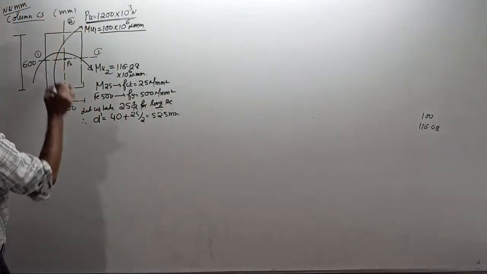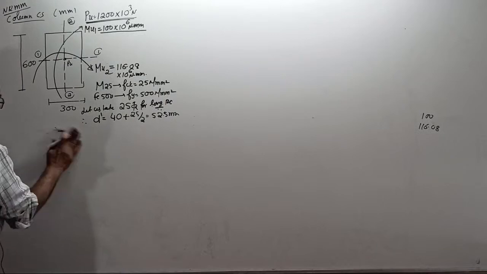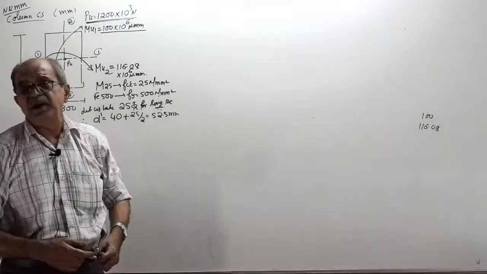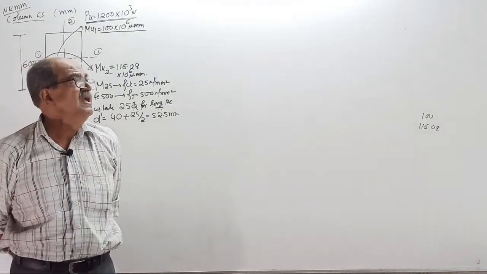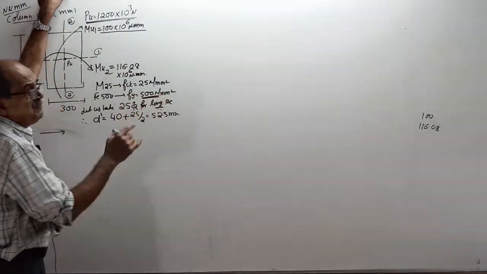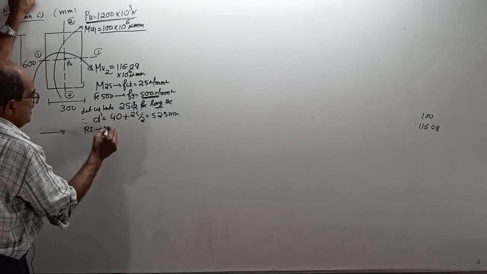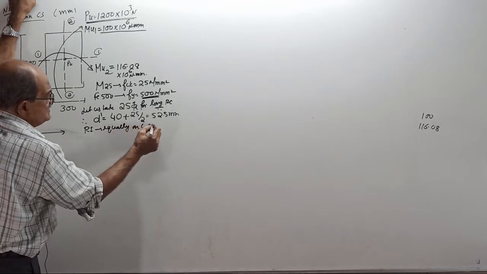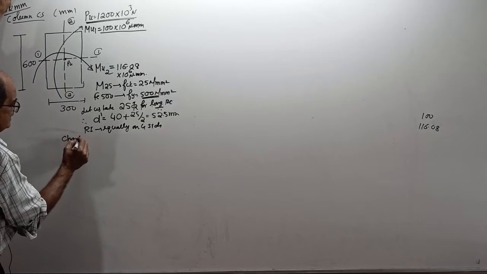This is the column subjected to what? You write here. We are discussing column subjected to compression with bending, biaxial bending, and FE 500 steel, and we are going for reinforcement equally on four sides. Therefore, chart number, tell fast.